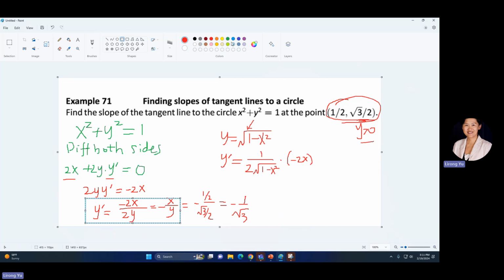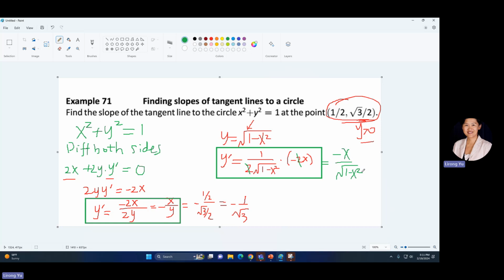Now, they're actually similar. What we have here also has the negative 2x. You cancel the 2, and that equals negative x over root of 1 minus x squared. If we directly solve for y and find the derivative, we get this. If we solve from implicit differentiation, we have negative x over y, and that's the y.